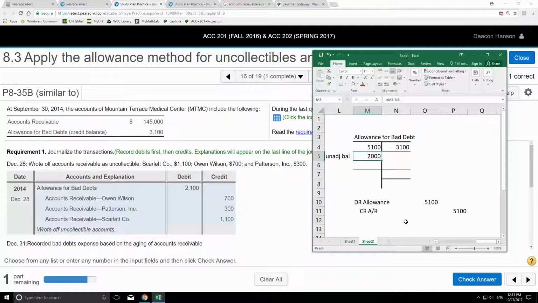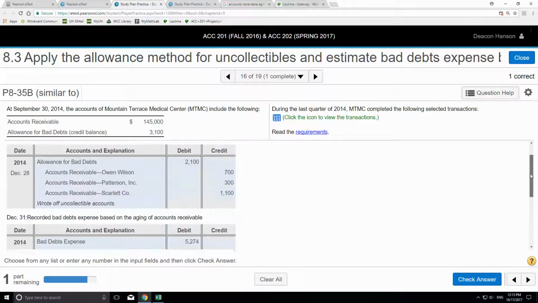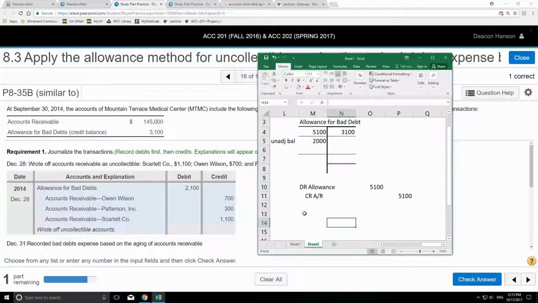Okay. Now, take our same number. If that swung it into a debit balance, and we're targeting, what were we targeting? 6,274? Yep. Take the same situation now. If I'm targeting 6,274, right?